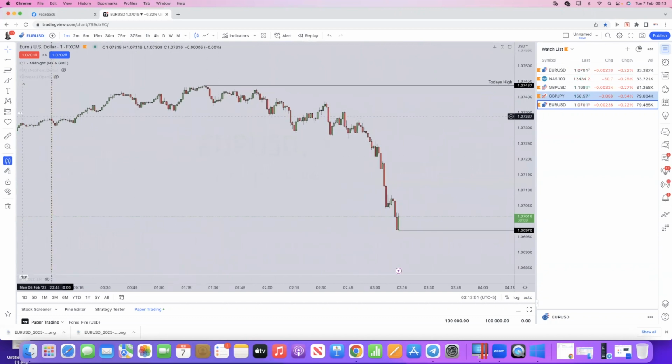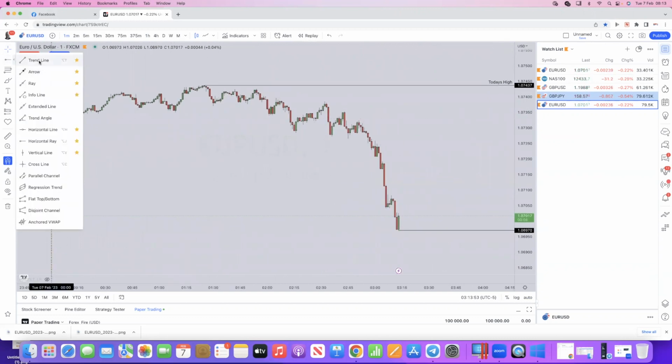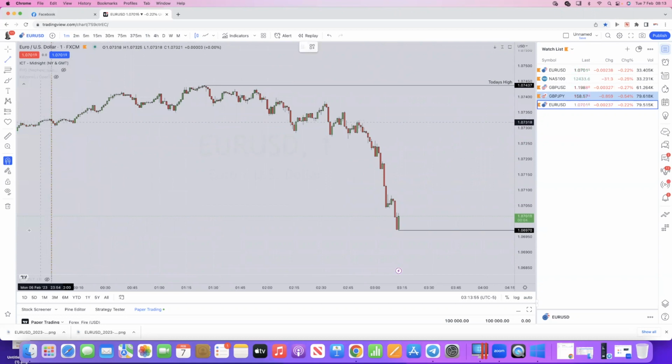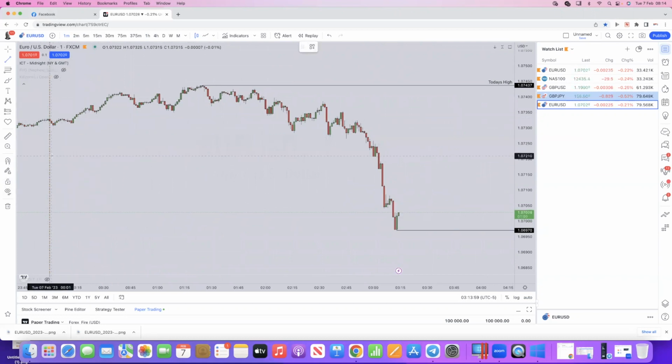What we've got is this trend line. Let's get this magnet off. So I do a line from the midnight, and I take it right over to 359, and I'll explain why 359 in a moment.